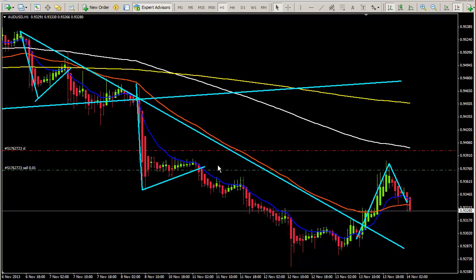But now that we took an entry much lower than expected, that's why we call it a late and aggressive entry. And therefore we sometimes also have to manage this trade aggressively.